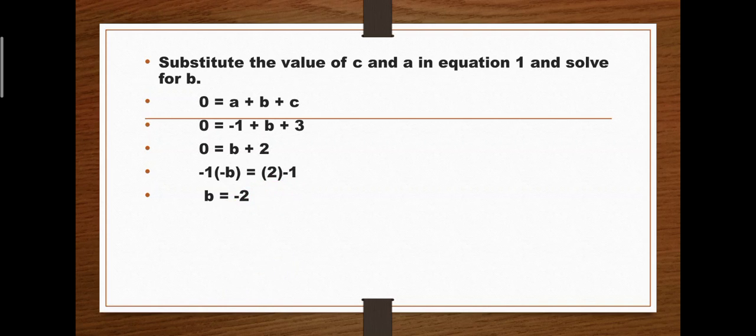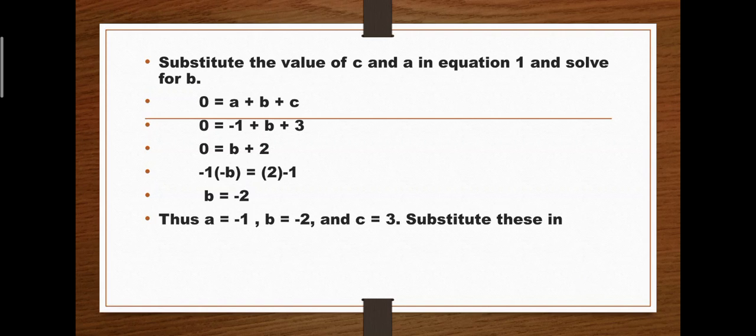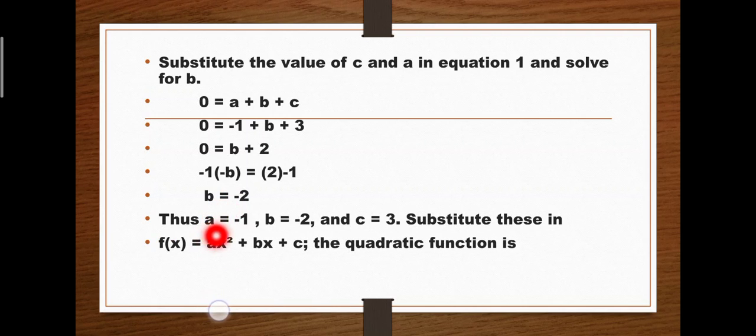So, we now have the values of a, b, and c. Okay, thus, a is equal to negative 1, b is equal to negative 2, and c is equal to positive 3. So, substitute this in f of x is equal to ax squared plus bx plus c.